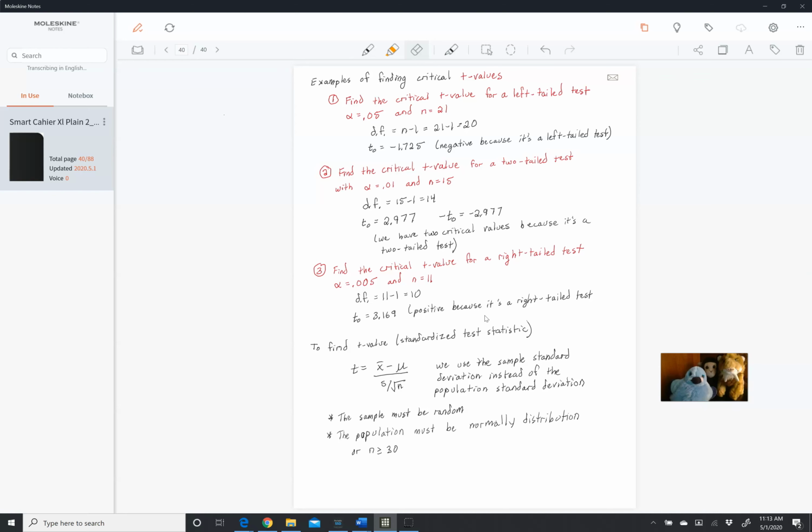Okay, one of those two. So it has to be a random sample, and either the population must be normally distributed or n has to be greater than or equal to 30. Okay? So how do we perform the hypothesis test?